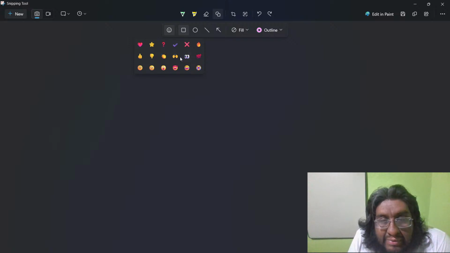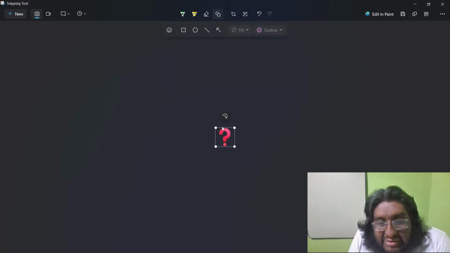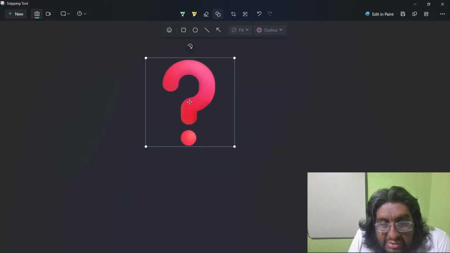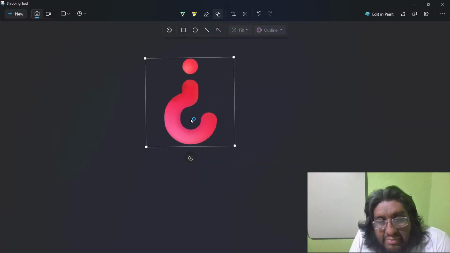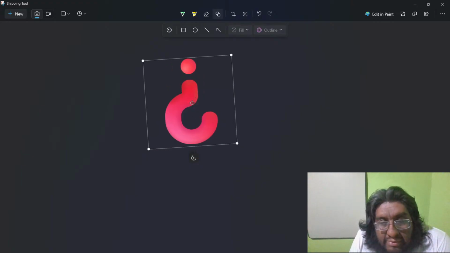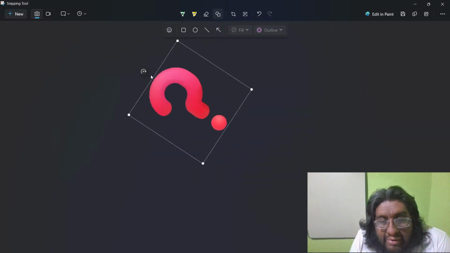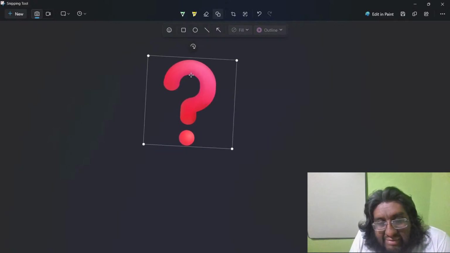Something more obvious. This question mark. So the center will be here. You see, here, and it is indeed rotating onto the center of the square.